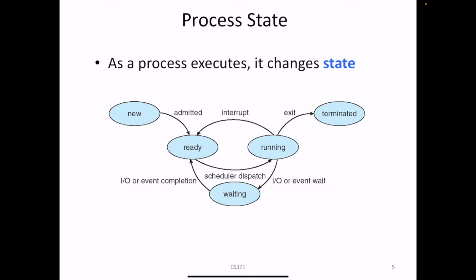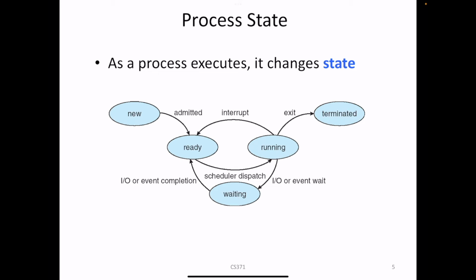When it is admitted to be executed, it will be put into the ready queue, and the state switches from new to ready, waiting to be executed on the CPU. Then the specific scheduler running inside the operating system will decide which process will be running on the CPU. The state will be changed to running.